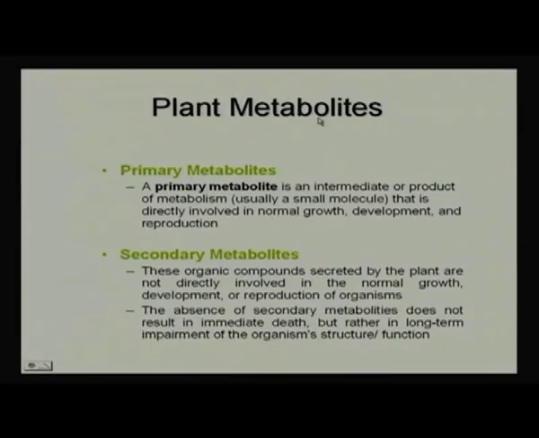Say for example, when we are talking about the plant metabolites, yesterday I already told you about primary metabolites and secondary metabolites. A primary metabolite is an intermediate or product of metabolism, usually a small molecule that is directly involved in the normal growth, development and reproduction of a particular living cell, whereas secondary metabolites are the organic compounds secreted by the plant, not directly involved in the normal growth, development and reproduction of the organism.